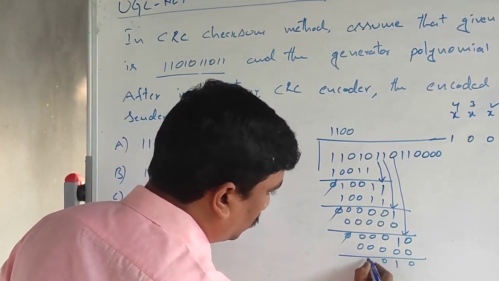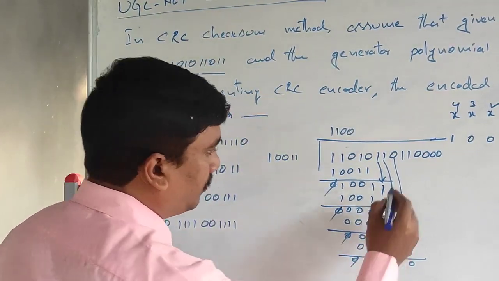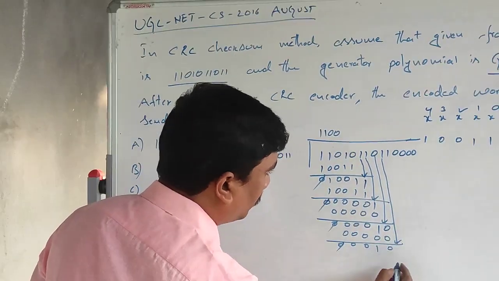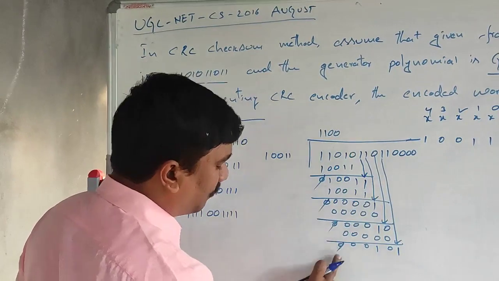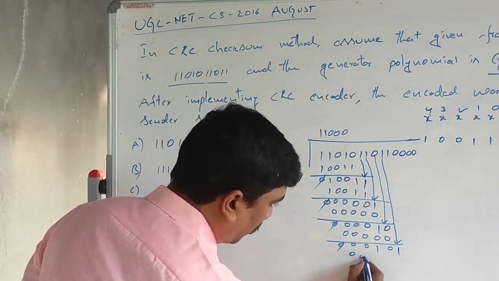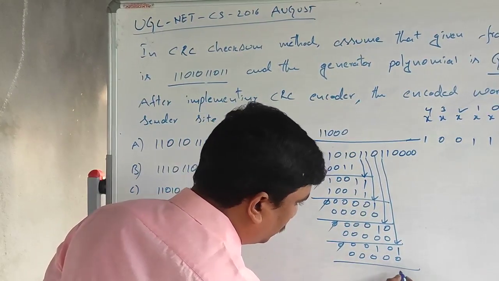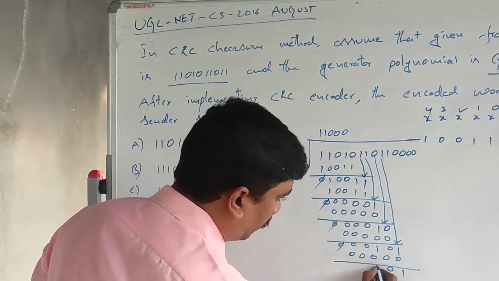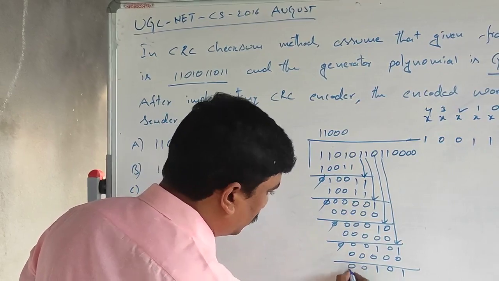0 1 0 0 0. Cancel the leftmost bit and put it down 1 more bit, that is the 1, and the leftmost bit is 0, that is why we will consider 0 0 for all the bits. 1 0 1 0 0, right?